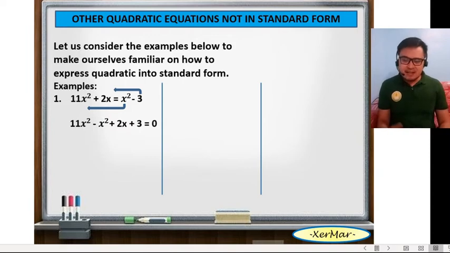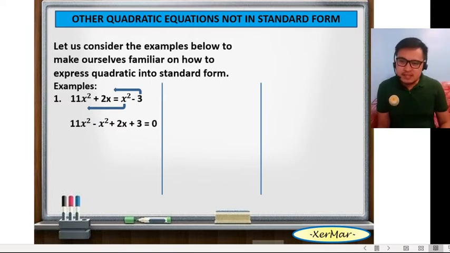After transposition, tingnan ninyo, students, kung meron ba tayong similar terms na pwede nating i-combine. Dito sa ating bagong equation, meron tayong similar terms which are 11x squared and negative x squared. So, simply, 11x squared minus x squared.